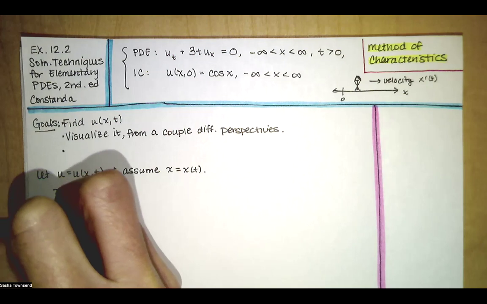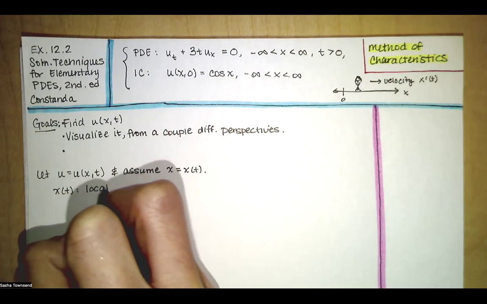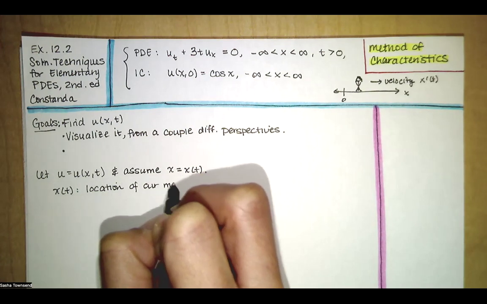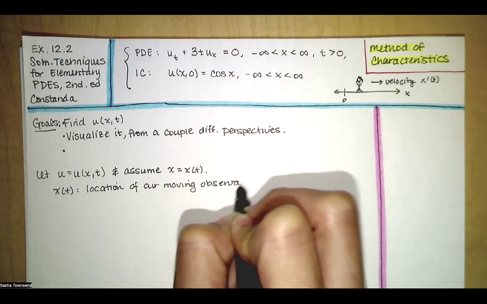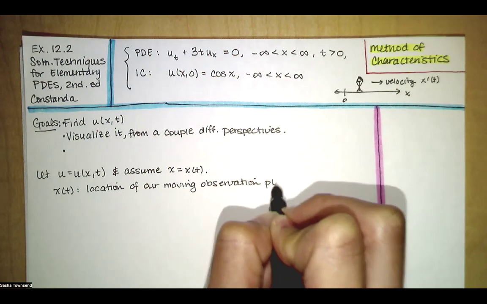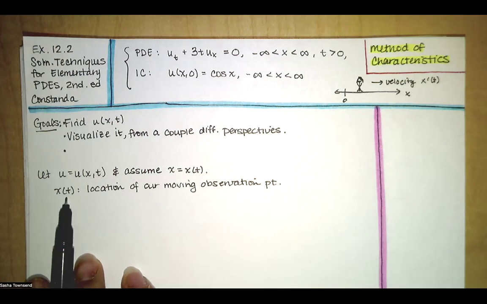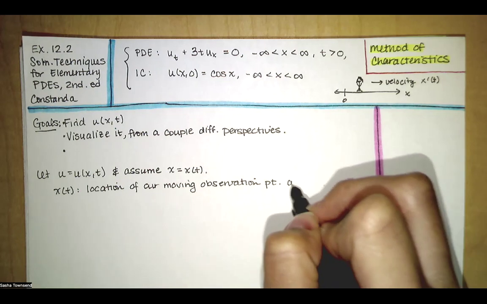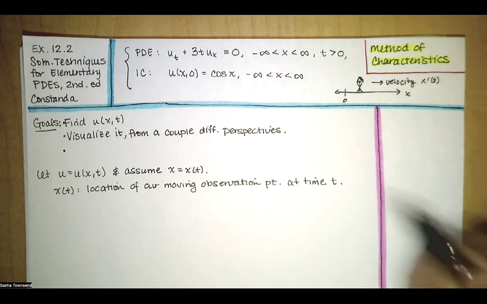Again, x is the location of our moving observation point. And we want to know what u is from the perspective of someone at this location x. I guess I should specify that that's at that location at time t.